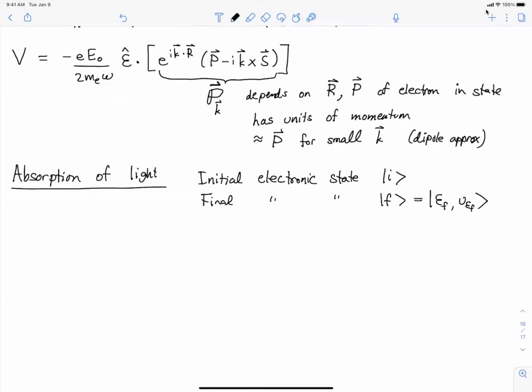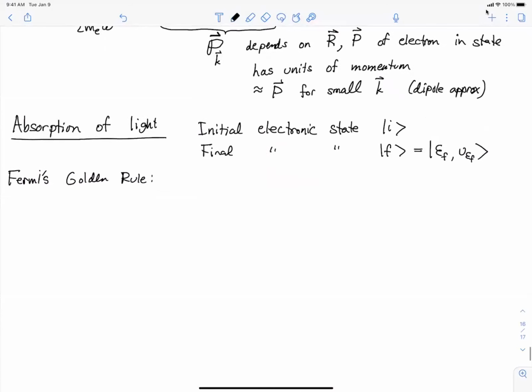Okay, now we've already worked out what the answer is. That's Fermi's golden rule for absorption. So Fermi's golden rule tells us the differential rate, gamma's for rate, for absorption to go from the initial state plus a photon of energy h bar omega to the final state is our usual 2 pi over h bar.